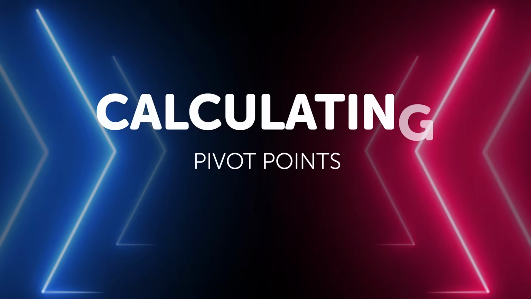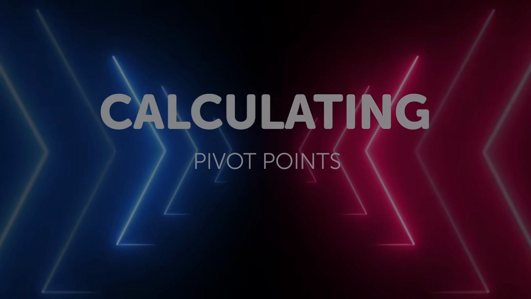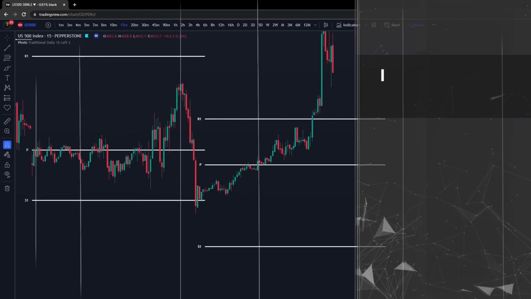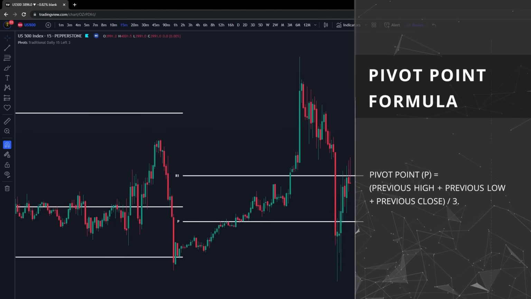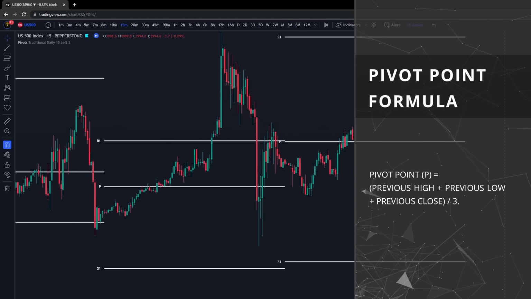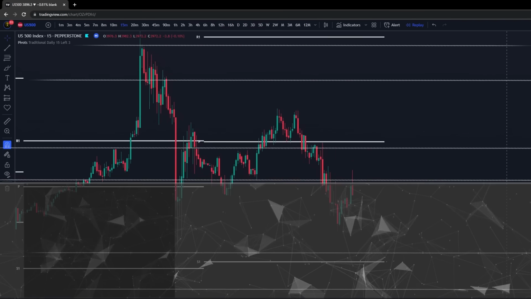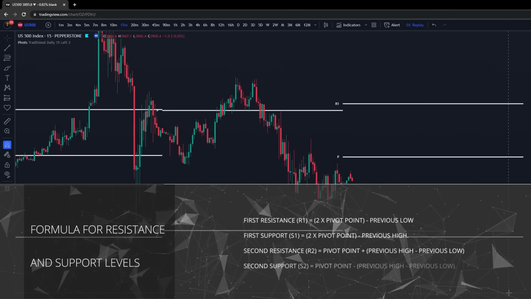Let's dive into the calculation of pivot points. Pivot points are determined using the previous day's high, low, and closing prices. The formula is as follows. From this pivot point, we can calculate the first and second levels of resistance and support using the following equations.